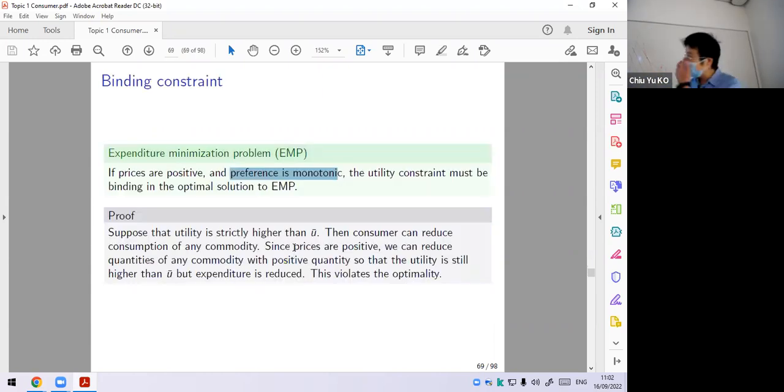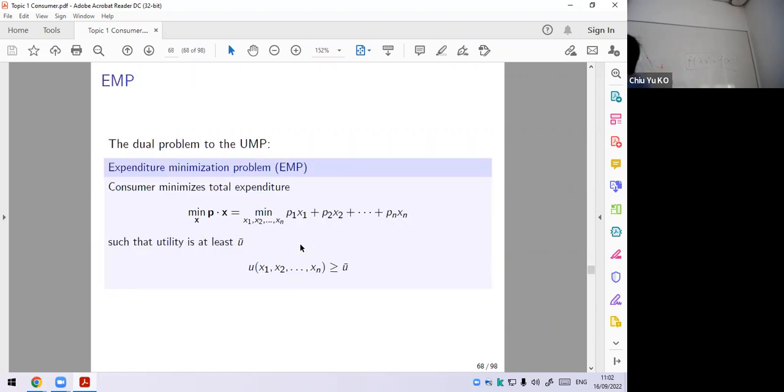And just go back to here: positive prices, monotonic preference. It must be binding, because the idea is very simple. If this is strict at the optimal point, which means that you have higher utility than the minimum, then you can just buy less of something, and that will reduce your budget, because prices are positive. So that means the original proposed solution cannot be the solution.